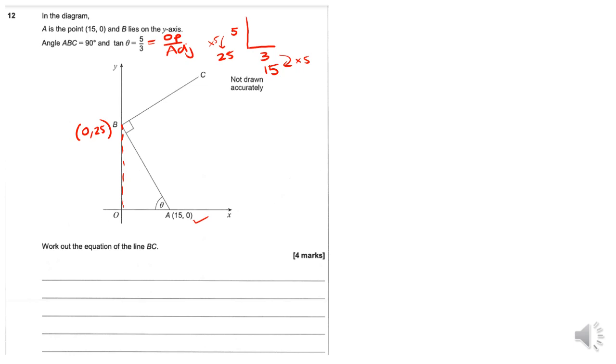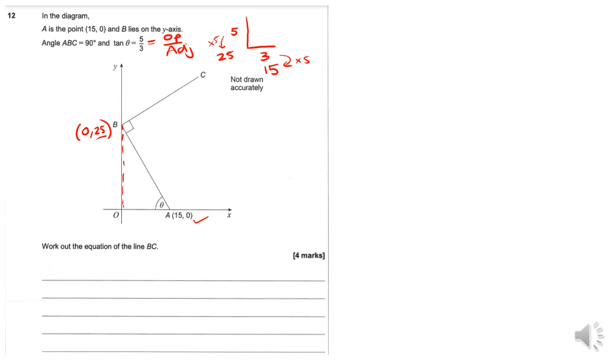I also need the equation of the line BC. So I've got its y-intercept. I know that it's going to be something plus 25, because that's the y-intercept. I just need its gradient now. Well, I can figure out the gradient of this line here by thinking about rise over run.